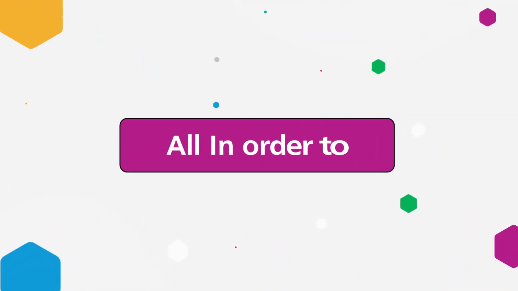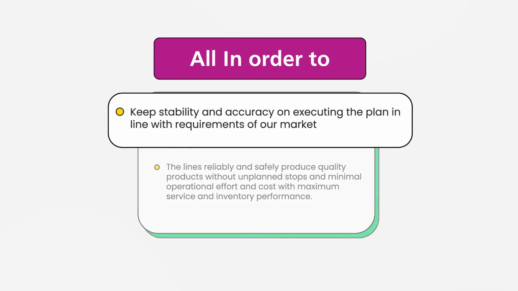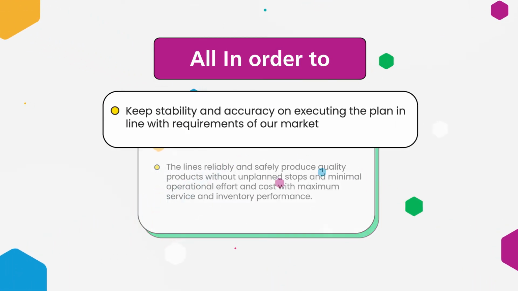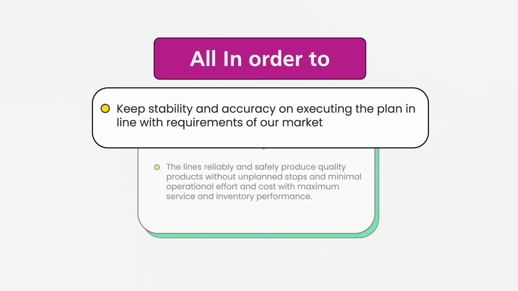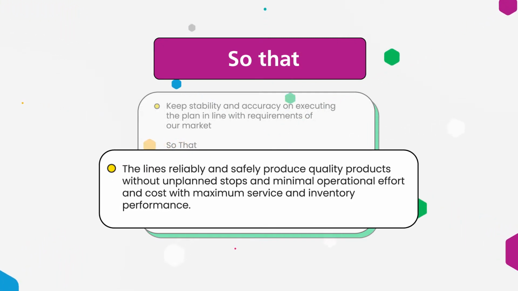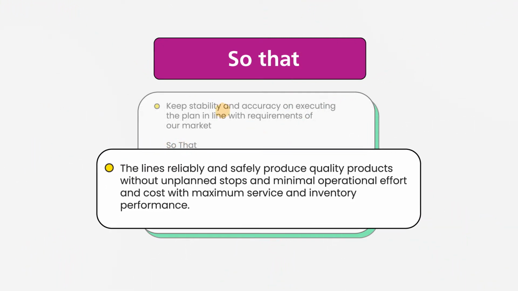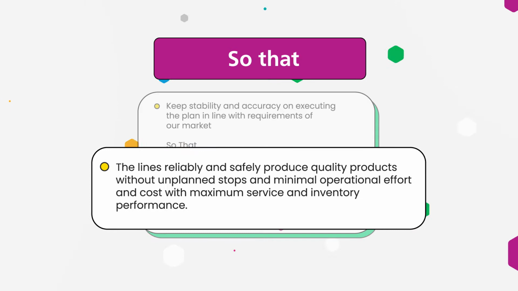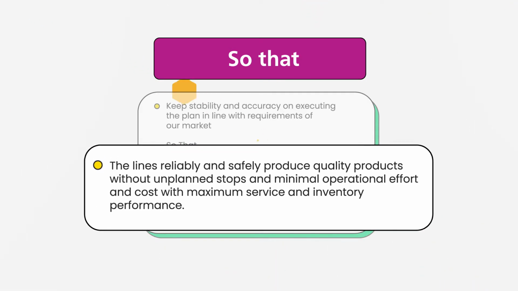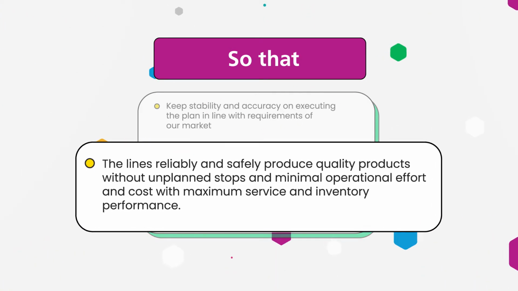All in order to keep stability and accuracy on executing the plan in line with the requirements of our market, so that the lines reliably and safely produce quality products without unplanned stops and minimal operational effort and cost with maximum service and inventory performance.